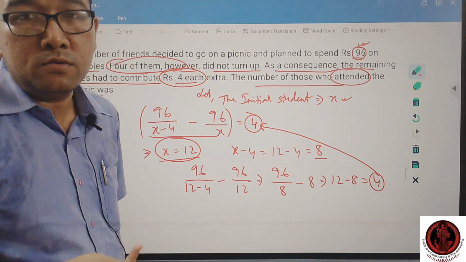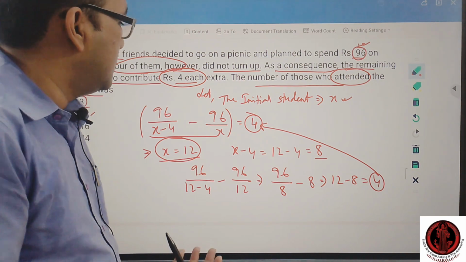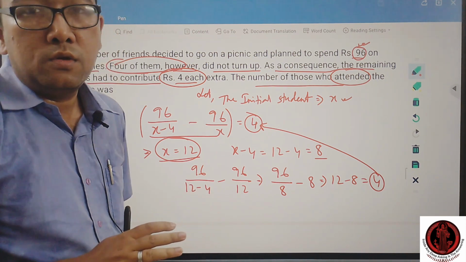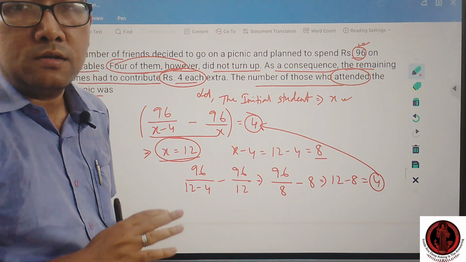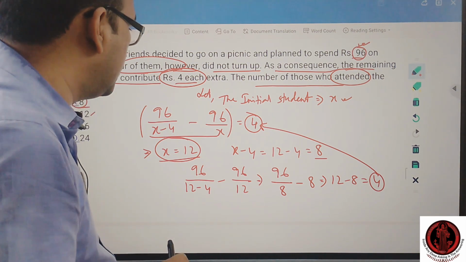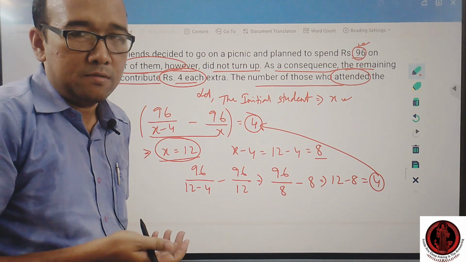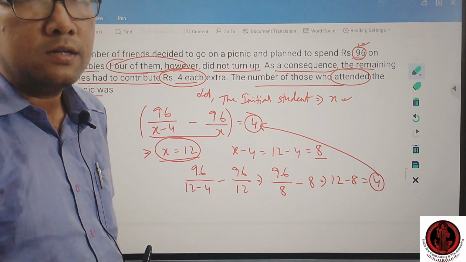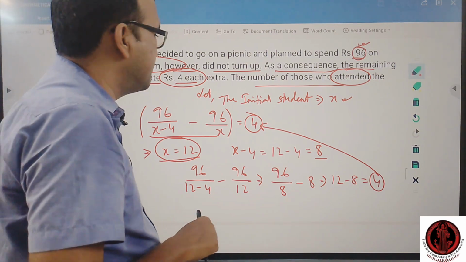So x has two values. One value will be positive, another one will be negative. Now the positive value will be considered and the negative value will not be considered. So in that case, that will take more time. Otherwise, if you solve with option check, that will take less time. Okay.